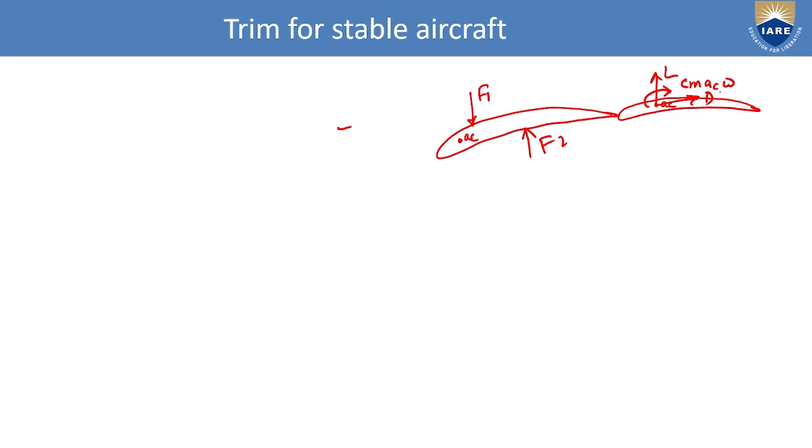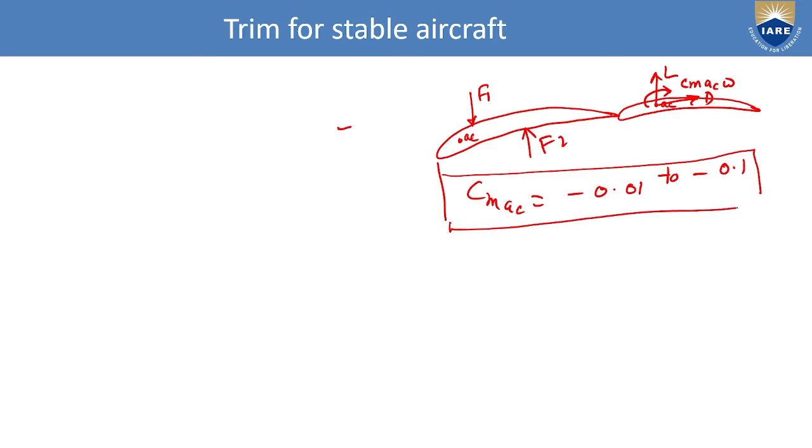So this CMAC wing is very important, and the value of this CMAC wing ranges from minus 0.01 to minus 0.1. So we have to understand this CMAC, the coefficient of moment. The forces F1 and F2 will generate a moment.